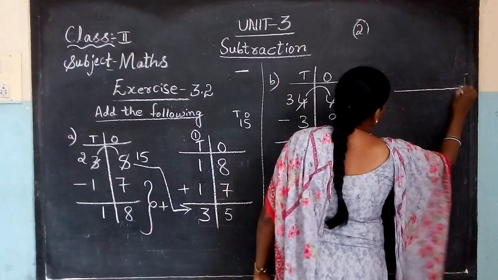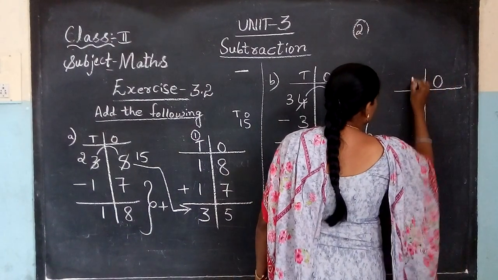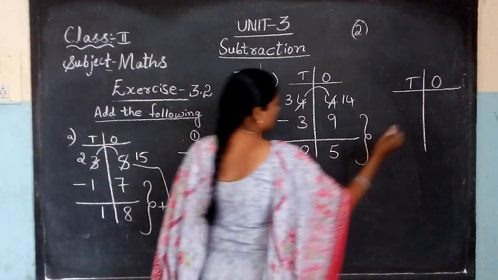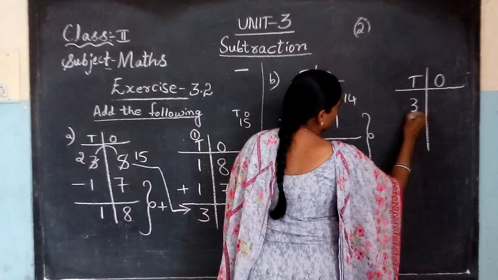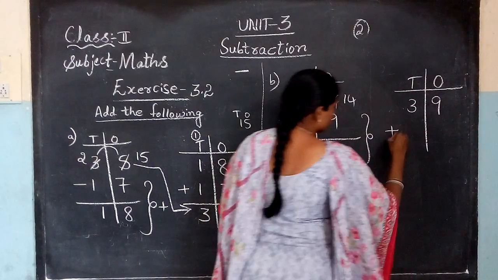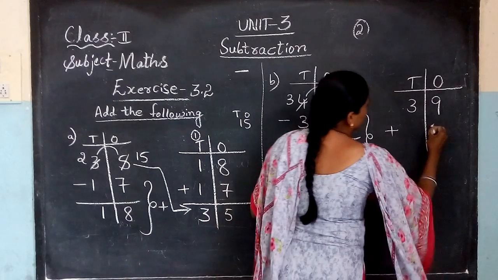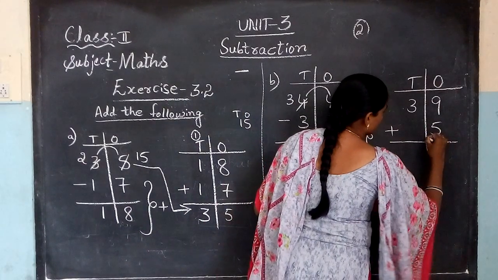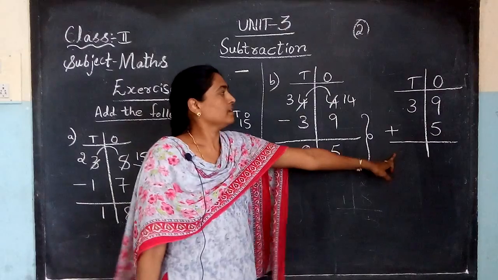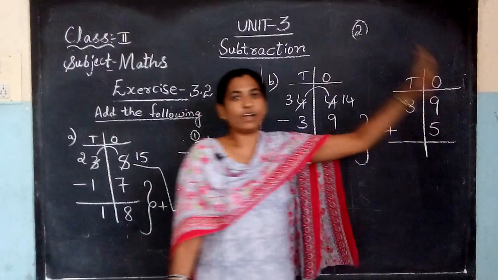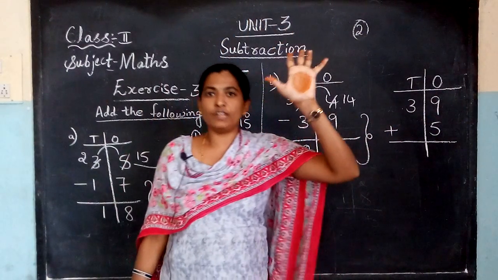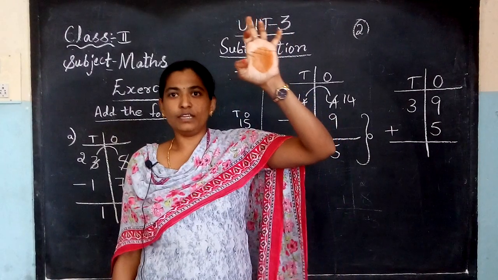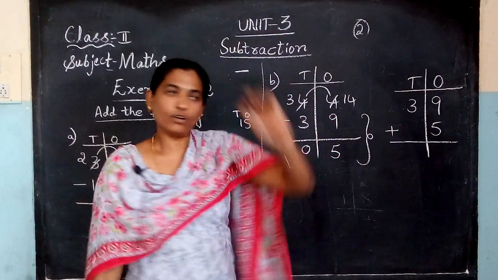Now these 2 you have to do addition. What numbers are there? 10 children here? Ones, tens. 39 plus what is this? 5. Now count. You have to do plus here. 9 in the mind, again 5 in your fingers. 9 after: 10, 11, 12, 13, 14.